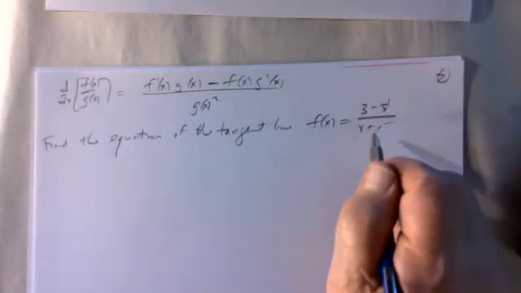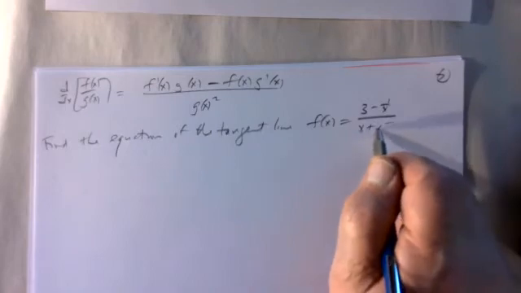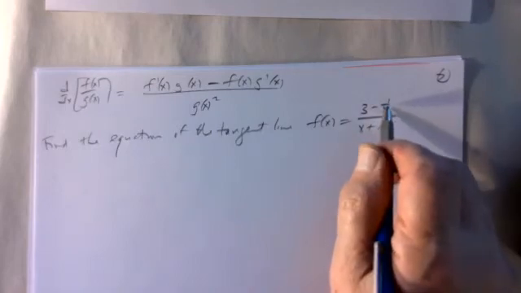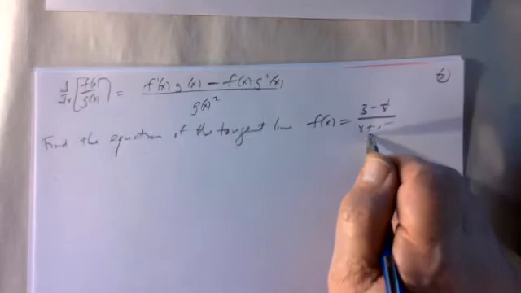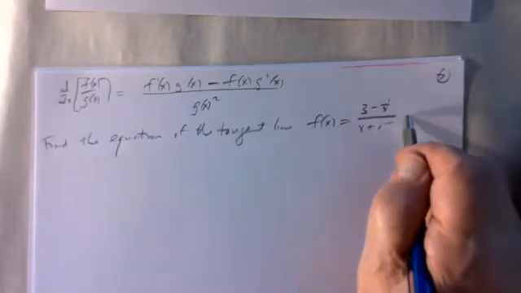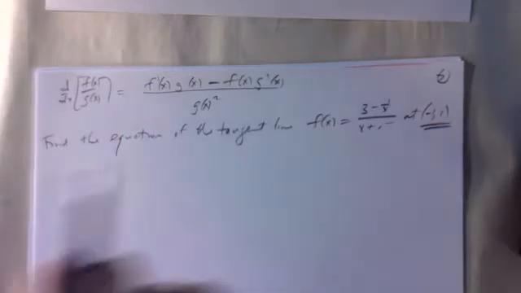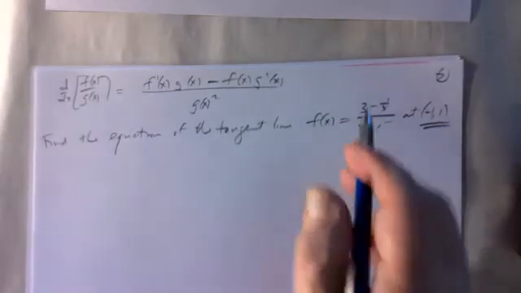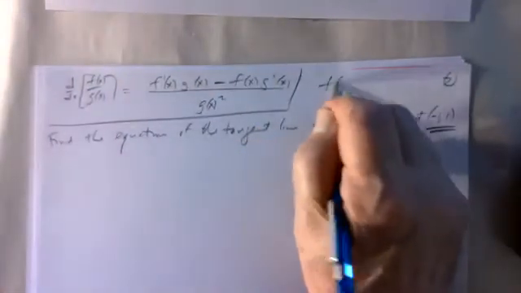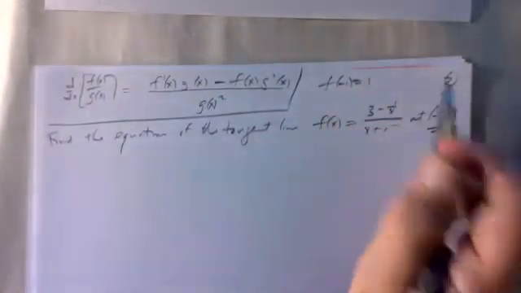And when x is minus 1, this is 4 over 4, which is 1. So the point 1 comma 1 lies on this curve. If you just do the calculation, you check. f of minus 1 is 1.